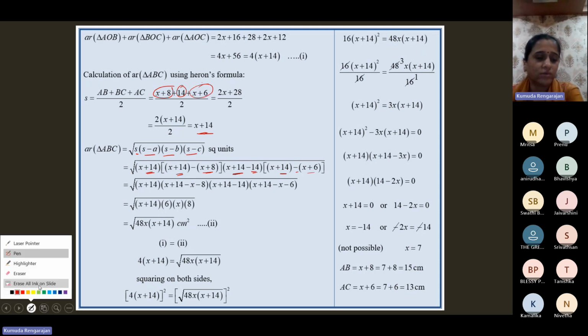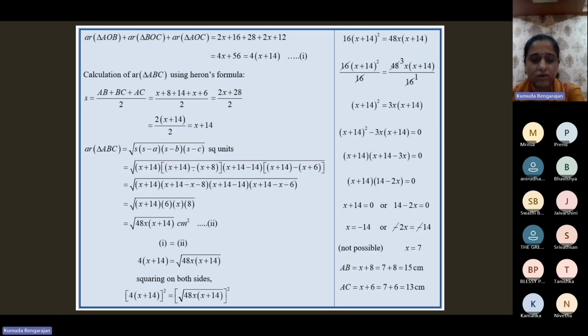So you'll have to be very careful because you'll have to write s minus a in a bracket, because a has more than one term. This is s, minus a. You should not write minus a like this. This is s minus a in bracket because a has more than one term.